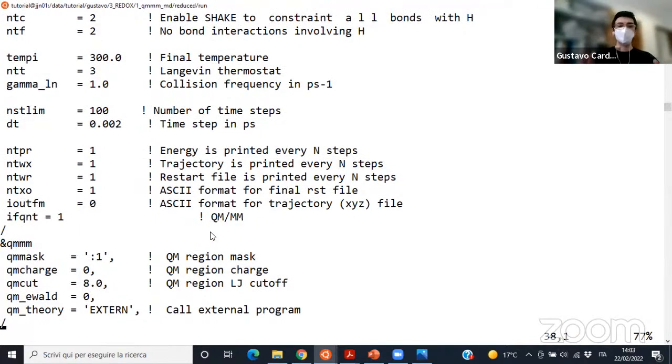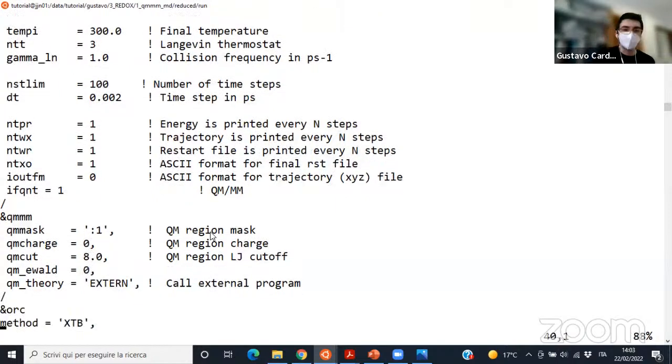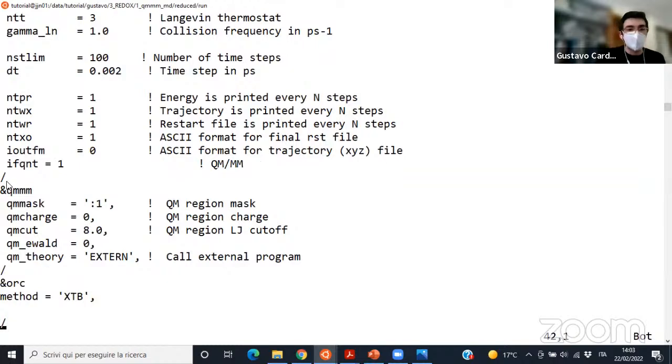Now, of course, we have to specify which part we are considering quantum mechanical. So after we finish the control section, we go to the QMMM section. I think Vito has already covered this as well. But for the sake of completeness, again, I'm showing it here to you.